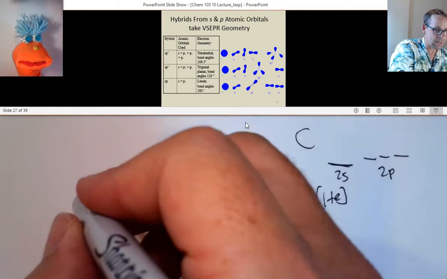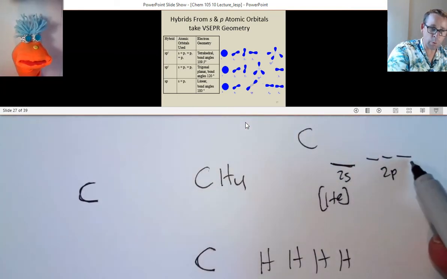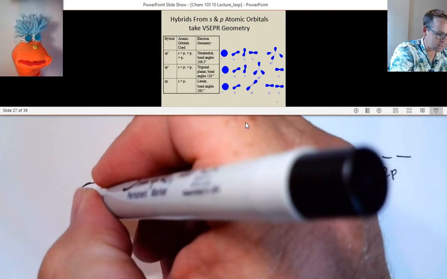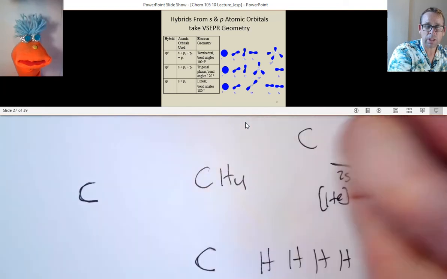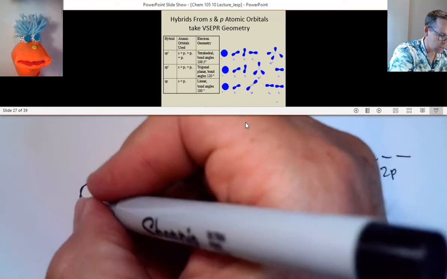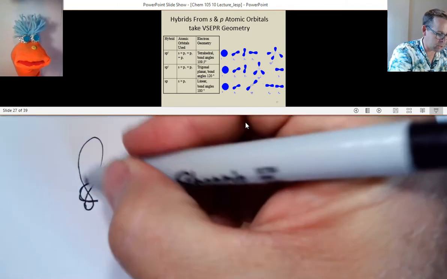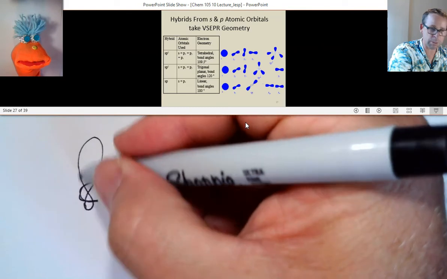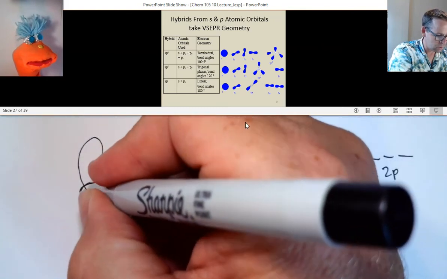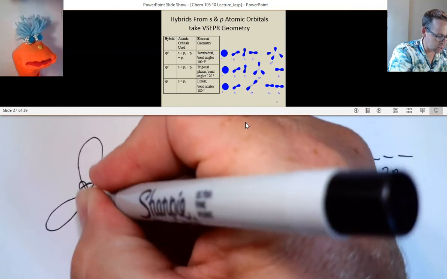These hybrid orbitals are a mixture. They don't look like s and they don't look like p. They have a big lobe, kind of like the s, but they also have a little bit of p character.